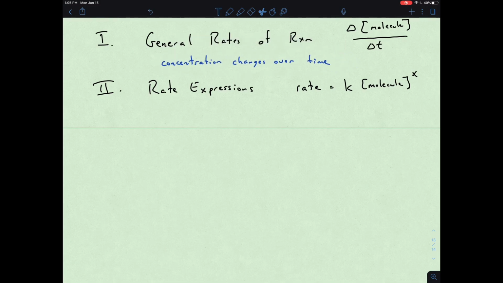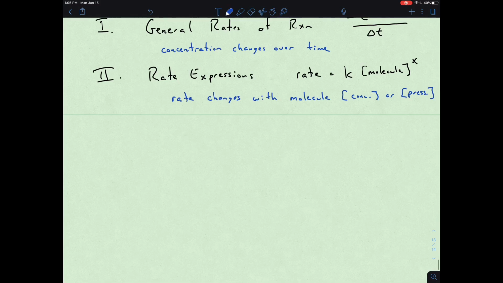Right? With rate expressions, this is more of now looking at how rate changes with molecule concentration or pressure.